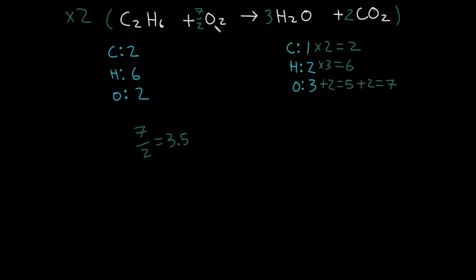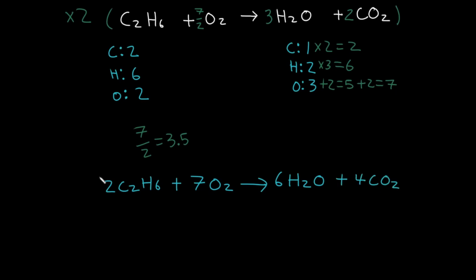So once we multiply everything together, the chemical equation will look like 2C2H6, because we multiply by 2, plus 7O2, because the 2's will cancel, and this will turn into 6H2O because we're multiplying the 3 by 2, and we'll have 4CO2. So this will be the balanced chemical equation.